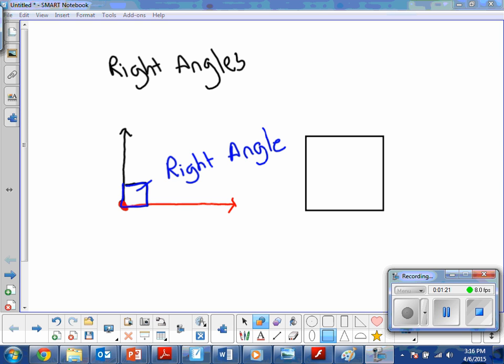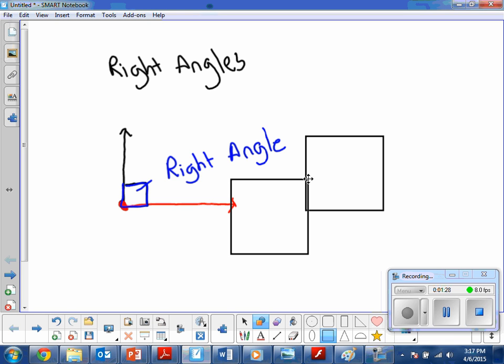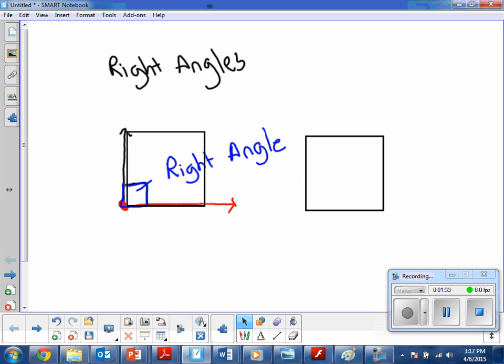Something else we said is if we took an actual square and we moved it, I'm going to make another one right there, and if it fits snugly in between those two rays right there, this would be a right angle. So here's an example of what we have as a right angle. So yes, this is a right angle.